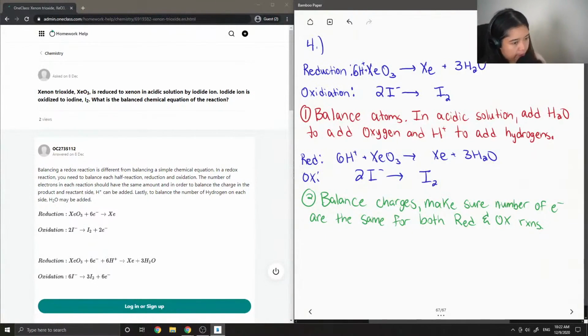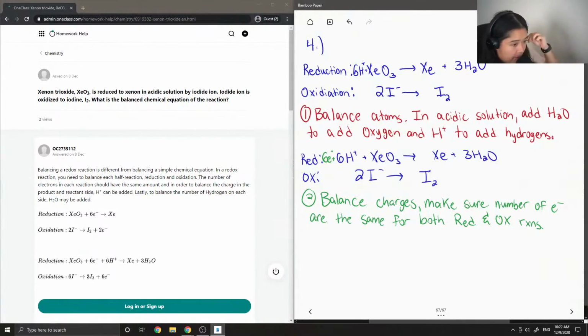So for our reduction reaction, our product side is neutral, since xenon and water are both neutral. But on our reactant side, you can see that there are 6 protons. So I need to add 6 electrons to balance out the positive proton ions.